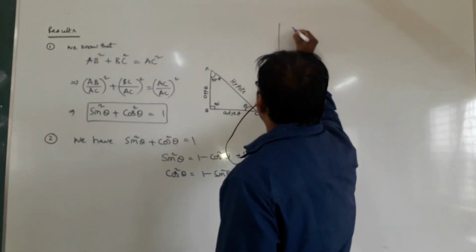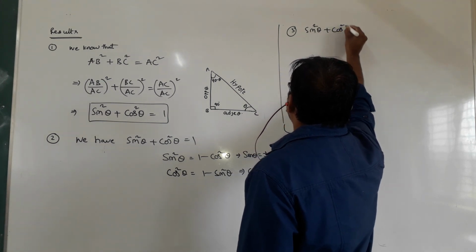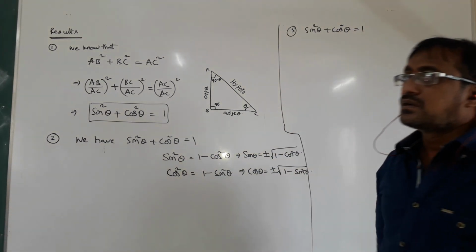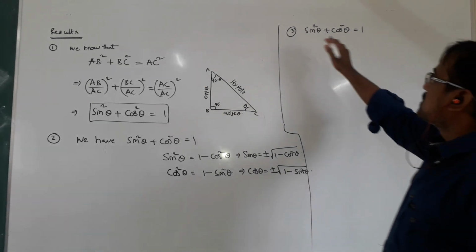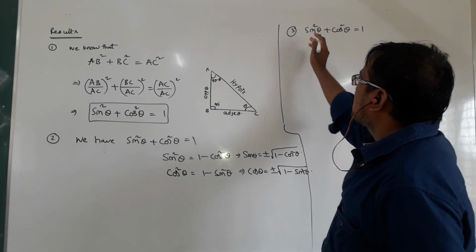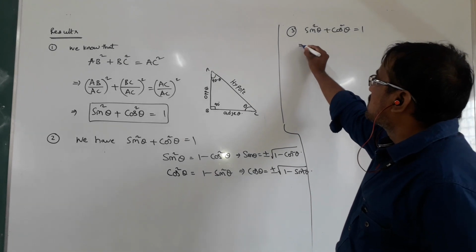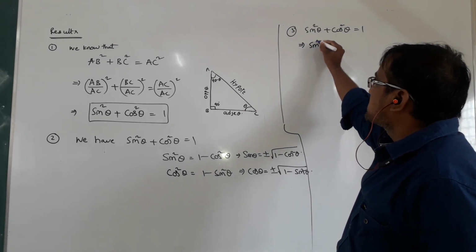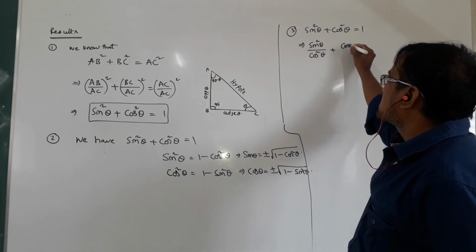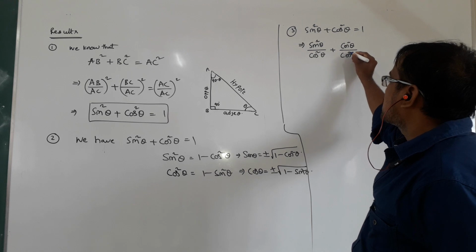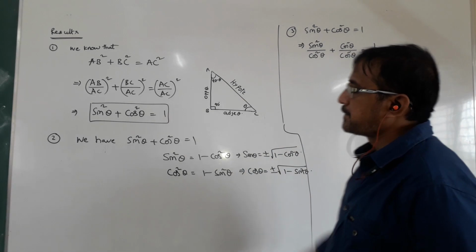Now let us consider sin square theta plus cos square theta is equal to 1. Let us divide this entire equation with cos square theta. What you will get: sin square theta by cos square theta plus cos square theta by cos square theta is equal to 1 by cos square theta.